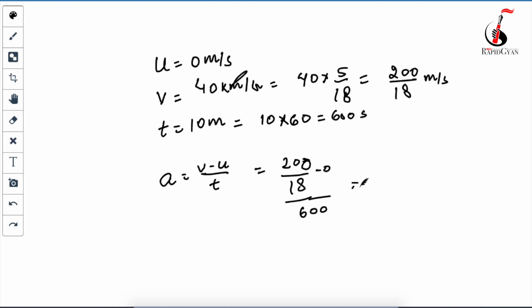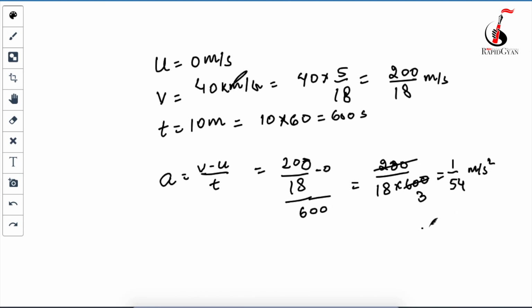So you will solve this, you will get 200 upon 18, and this 600 will go into the denominator. So 200 upon 18 multiplied by 600. So this will be cancelled out. This will give you 1 upon 54 meter per second square.